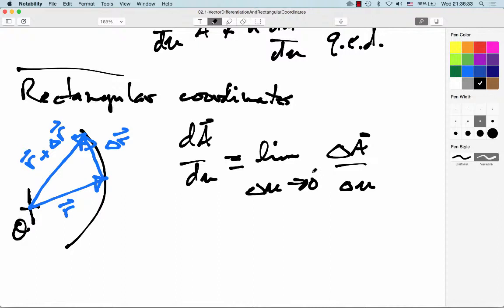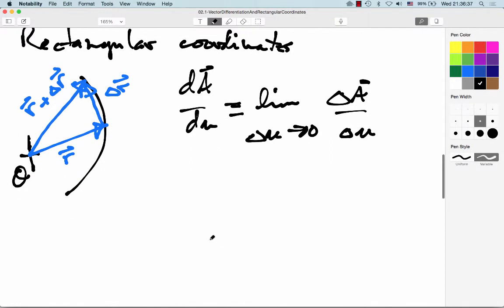Okay, so just to make this a little more concrete, let's go ahead and differentiate our r with respect to time. So this will become dr dt. Now, this often gets its own special way of writing it.